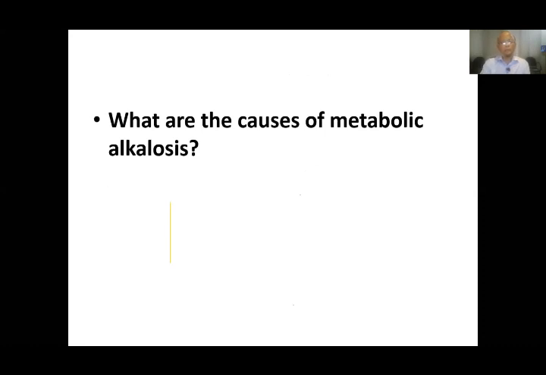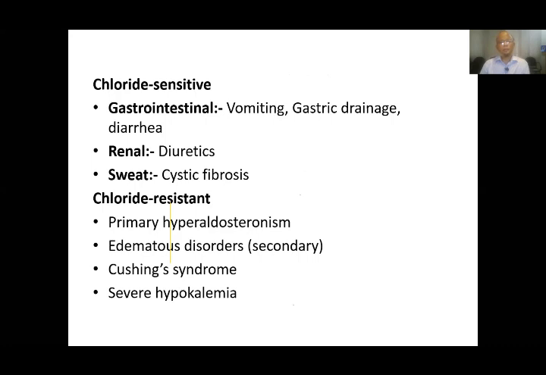What are the causes of metabolic alkalosis? One is chloride sensitive and one is chloride resistant. In case of chloride sensitive, gastrointestinal causes, that is vomiting, gastric drainage and diarrhea. We are frequently using diuretics, which may also cause metabolic alkalosis. And in case of cystic fibrosis, there will be loss of sodium, resulting also in gain of bicarbonate.